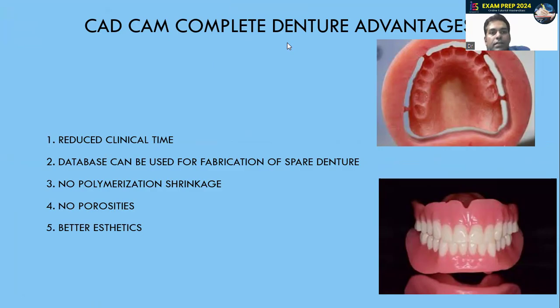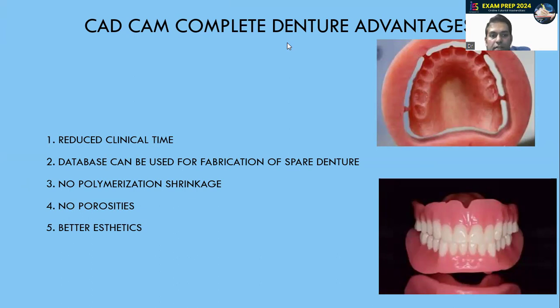Now, regarding the advantages of complete denture fabrication by CAD CAM technique, the first one is reduced clinical time, as we discussed just now. The database can be reused for fabrication of a spare denture. So whenever you are scanning the intraoral area, the same database can be used for fabrication of an additional denture.